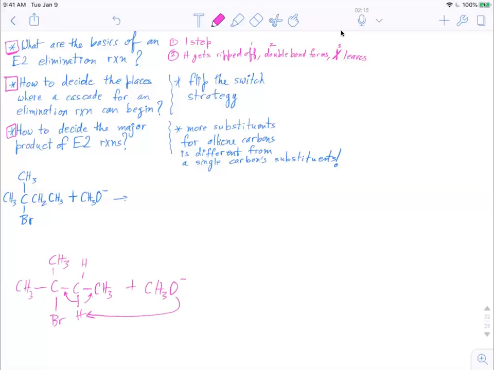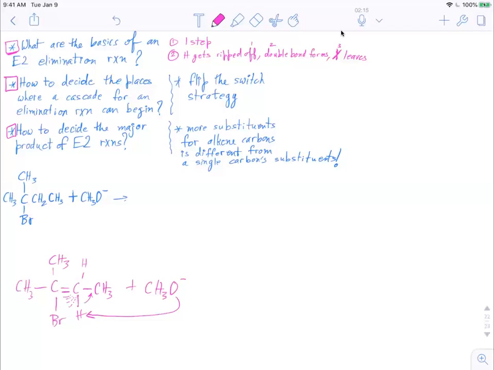It's far more reasonable to kick off a bromine, because bromine is a good leaving group. And if you don't know about leaving groups, probably I should make another video about that. But bromine is such an excellent leaving group that rather than flipping to the right, it's going to flip to the left and say, yeah, that's where I want to be. I want to get bromine to go away. So it's going to start turning, and it's going to end up right there.